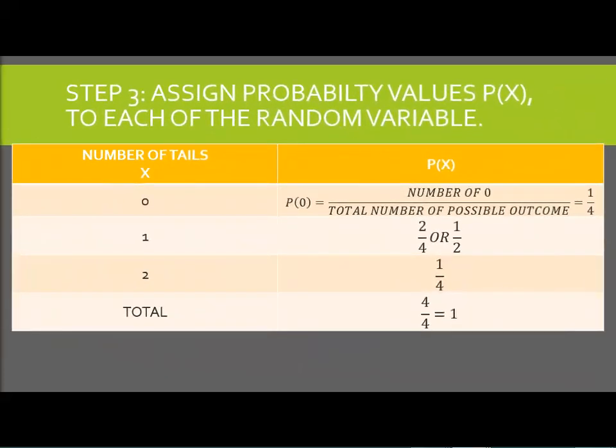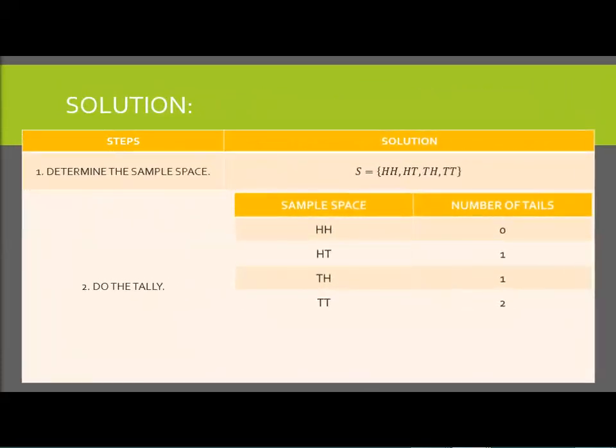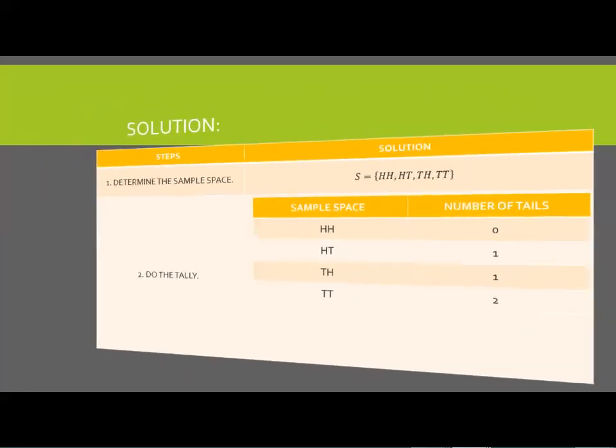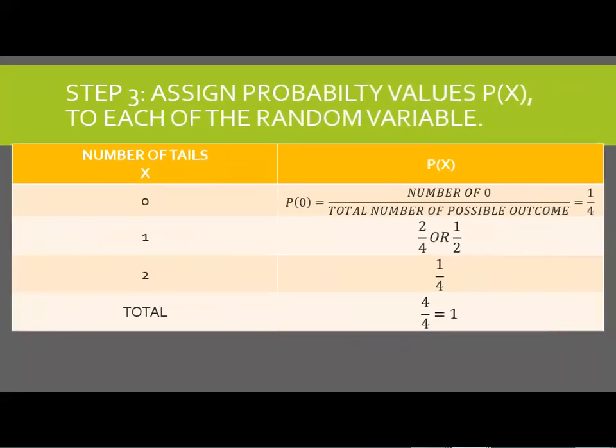So we have 1 over the total number of possible outcomes. Ilan ba ang total possible outcomes? 1, 2, 3, and 4. There are 4 sample spaces. So the total number of possible outcomes is 4. Therefore, the probability of 0 tails is 1/4. Technically, that is equal to 25%.